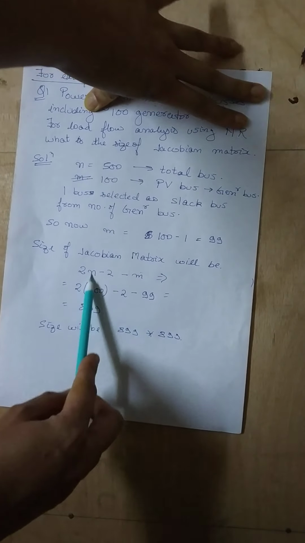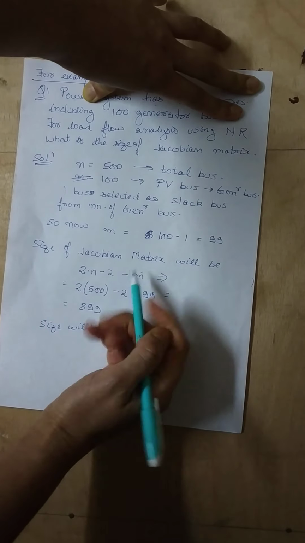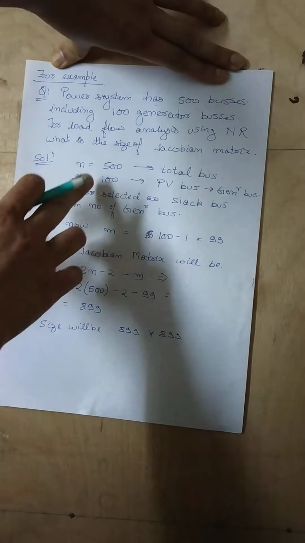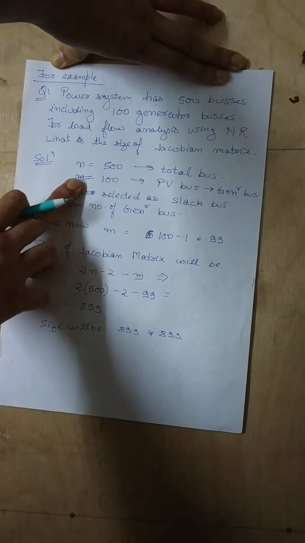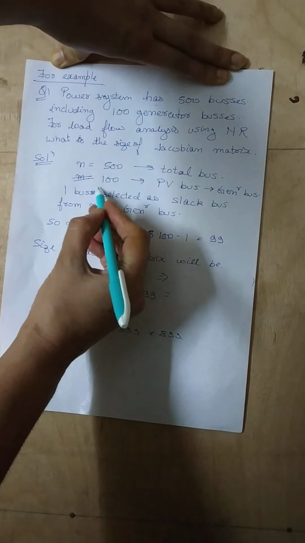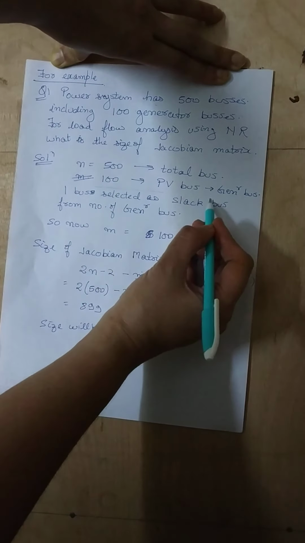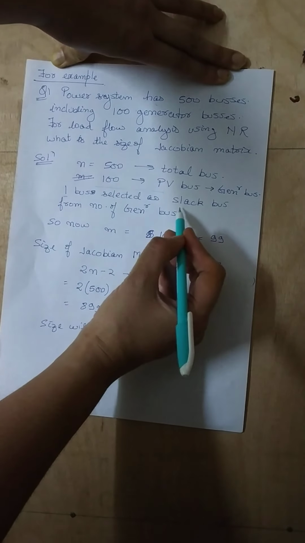As you can see, in this formula I have to find this value of m. To find this value of m, I will consider n equals 500, given. 100 is not m. 100 is the number of PV buses. It is important to remember that m is not 100. 100 is the number of PV buses, and from these PV buses I have to deduct one slack bus.